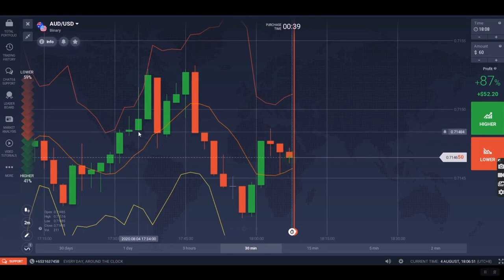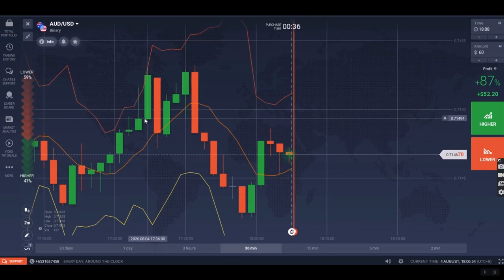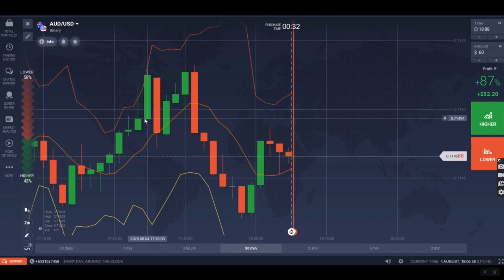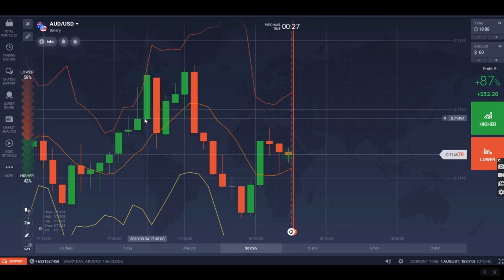That means if the green crosses the top, you will do a buy instead of a sell. So you follow the trend when the market is volatile, when the market has just opened for London and US timing, or even when there is news in the economic calendar on investing.com.